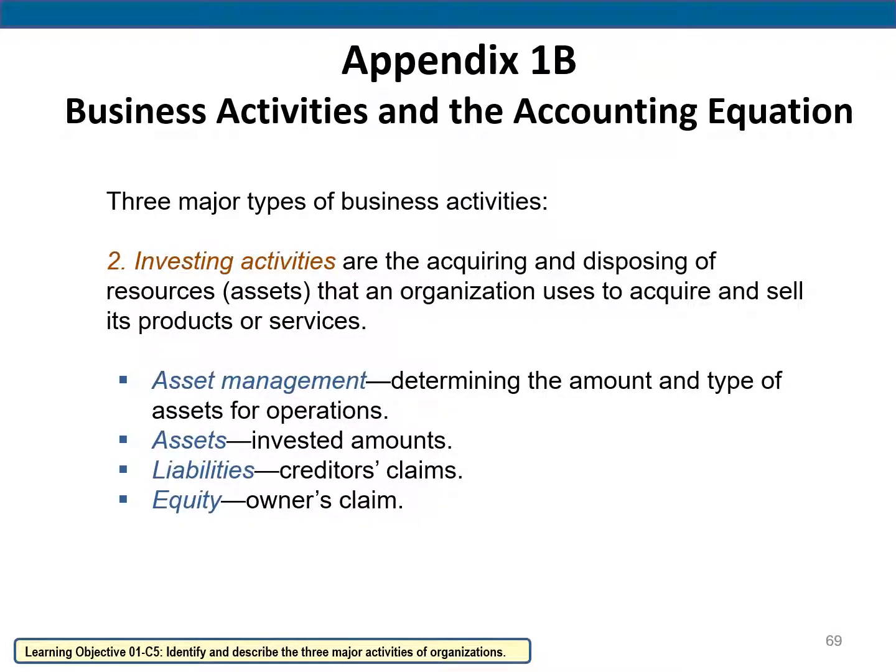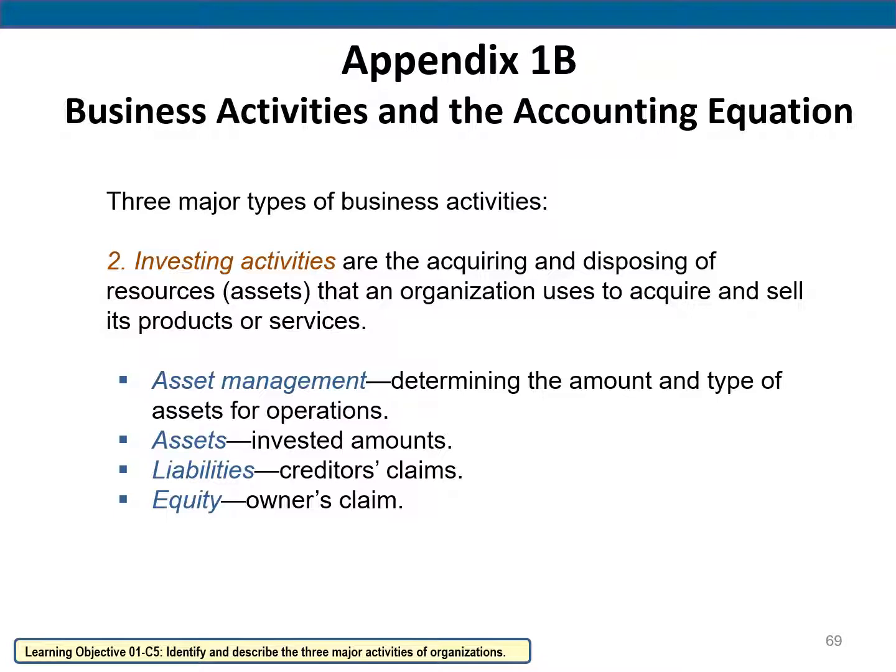Investing activities are the acquiring and disposing of the resources or assets that an organization uses to acquire and sell its products or services. These assets are funded by an organization's financing, and it differs from organization to organization in the amount and the makeup of the assets. Some require land and factories to operate, others only need an office.